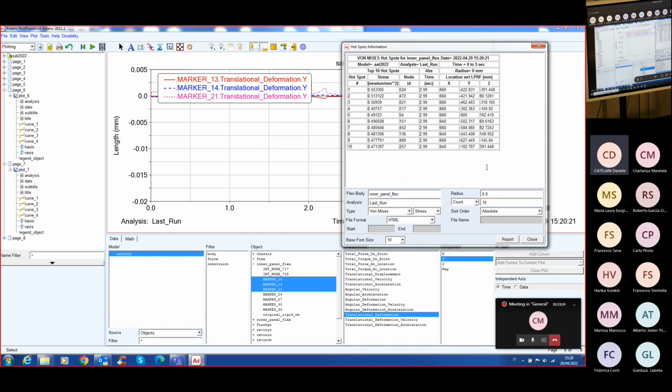So this is nodal information of stress: position of the node, time, identification of the node, and value of stress.